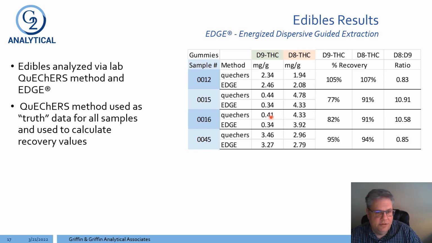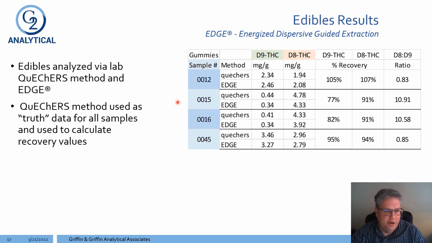A lot of times you will see these delta 8 gummies and they will have some amount of delta 9 in them. When delta 8 first hit the market, it was not uncommon to see up to 20% of the delta 8 actually be delta 9. So over time that has improved significantly, as people either cleaned up their samples or figured out more complete synthesis methods.